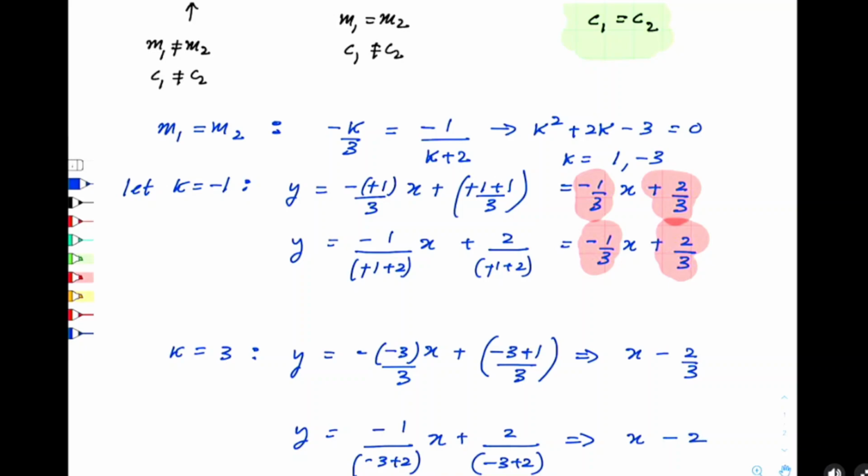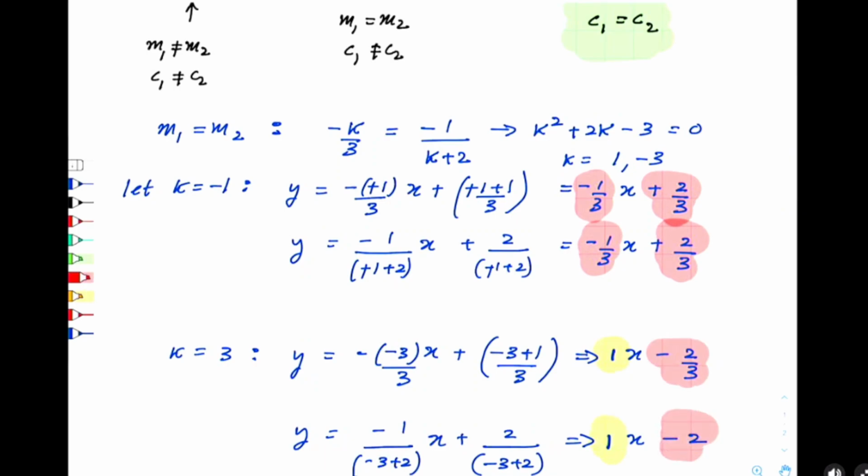Now you can see the m's are the same, but these two are different, see? So k is equal to 3, this is not going to work then, right?